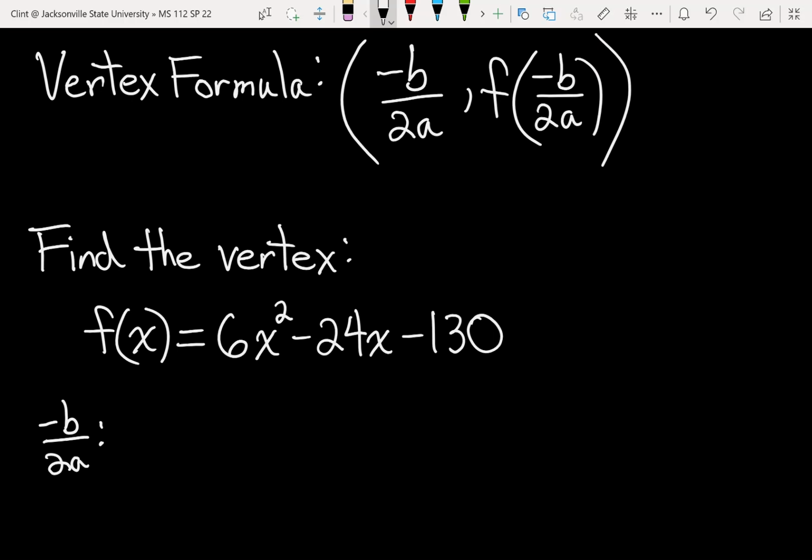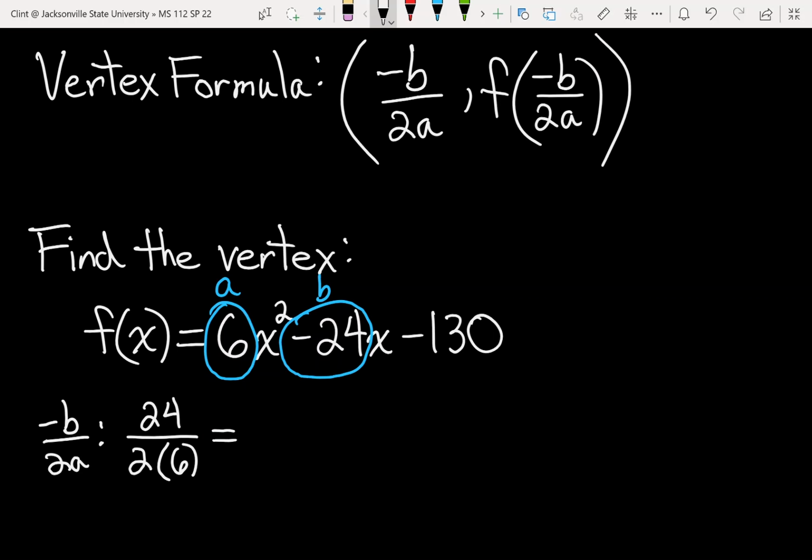So to find that part, this is our a, this is our b. So if we do negative b, that's going to be 24 over 2 times a, so 2 times 6. That's 24 over 12, which is 2.